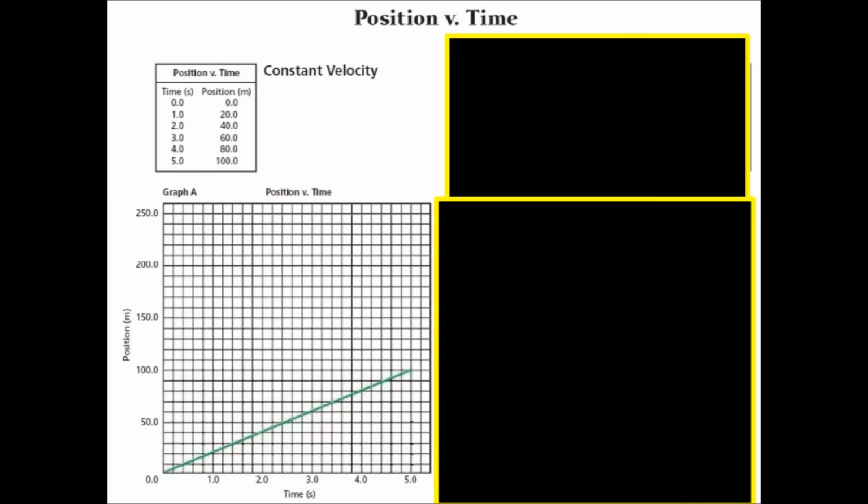In the first set of data, we are going to graph some data of position versus time. The x-axis is usually considered to be always time, the independent variable. And the y-axis is going to be position, or distance traveled.